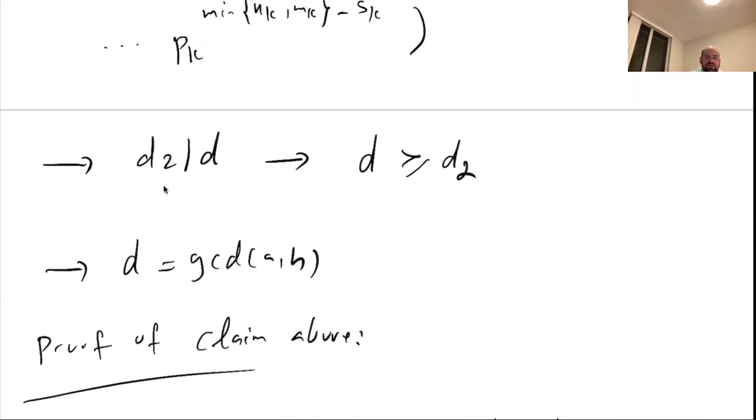I showed that in order to show that D is bigger than or equal to D2, first I show that D2 is a factor of D. What is D2? D2 is an arbitrary common divisor for A and B. D is the greatest common divisor for A and B. So any common divisor of A and B, called D2 here, is a factor of the greatest common divisor, which is denoted by D here.